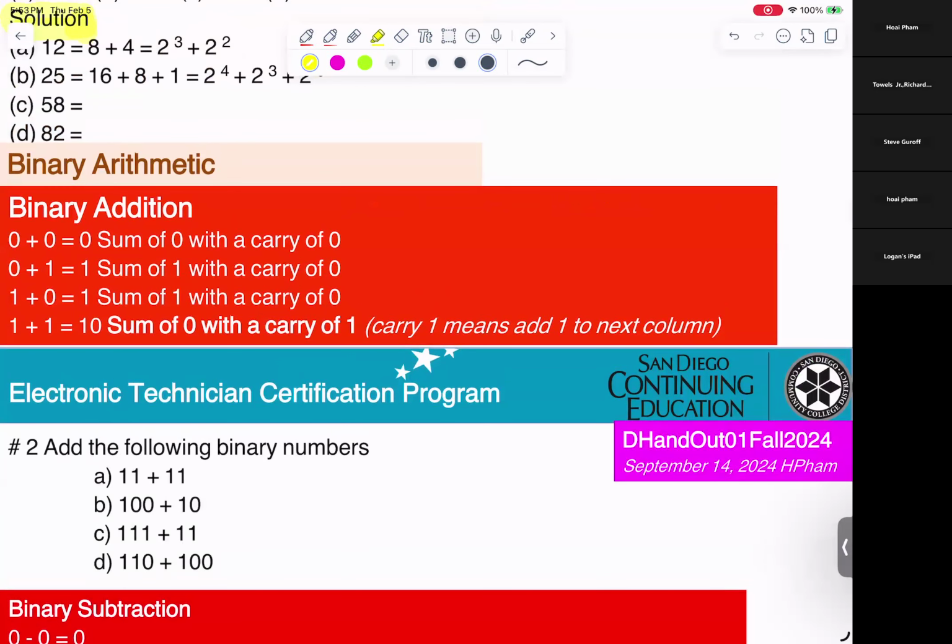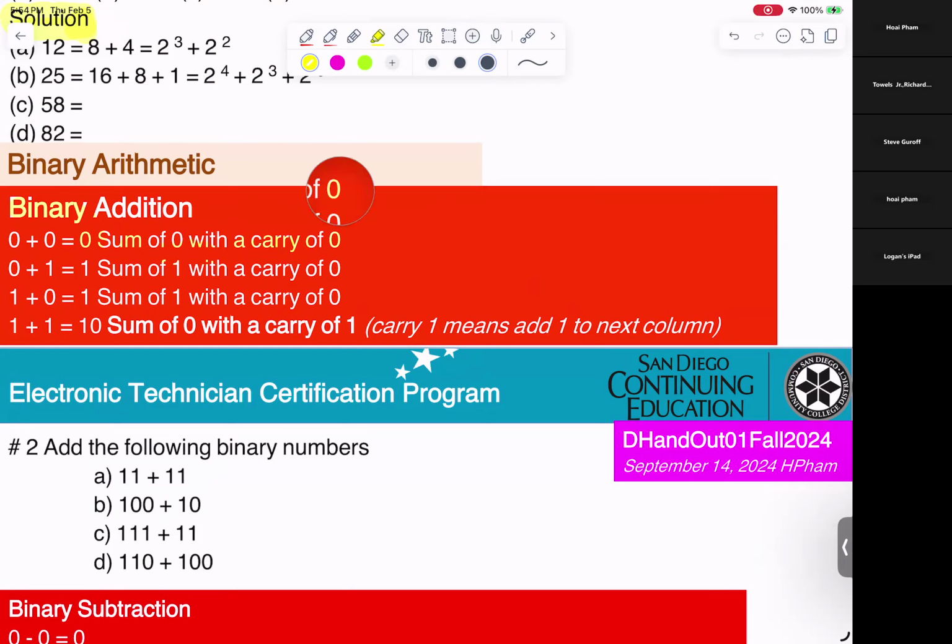Here. Zero adding to zero, you get 0. Sum of 0 with a carry of 0.